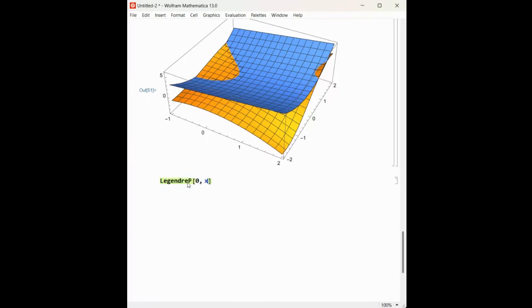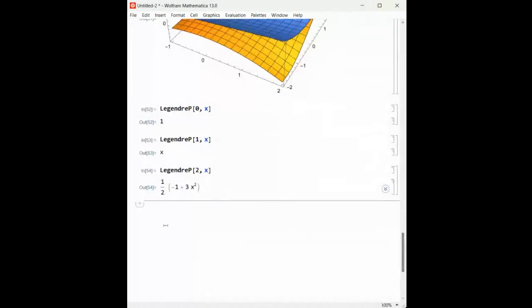P0 of x, this is 1. P of 1, here 1, this is x. We know P2 also. So you can just compute as many as you want. And this is what we have done in class.